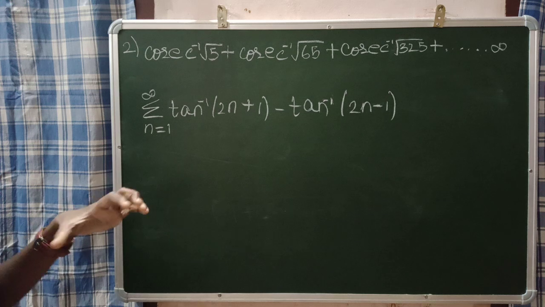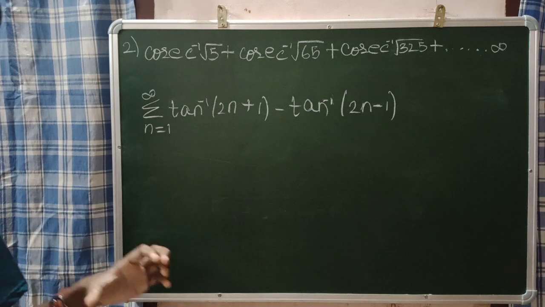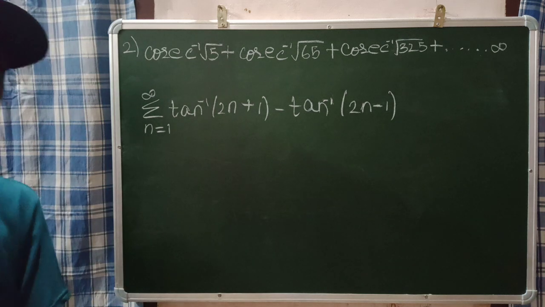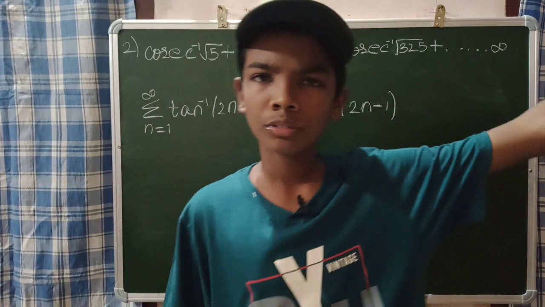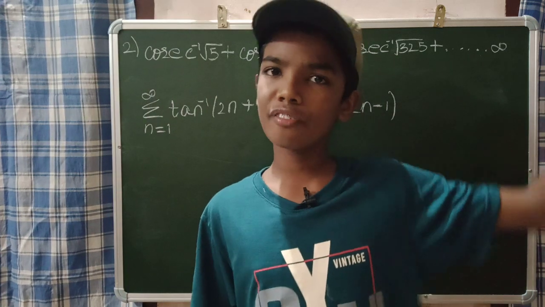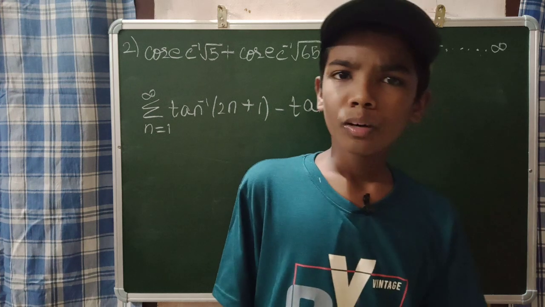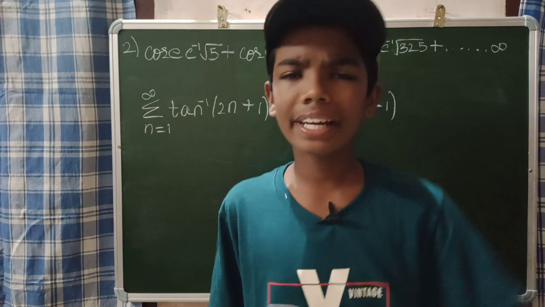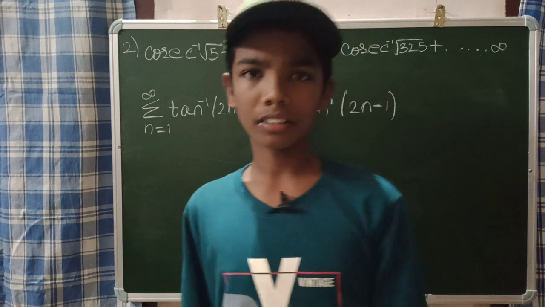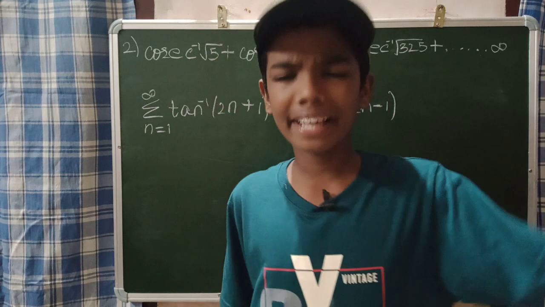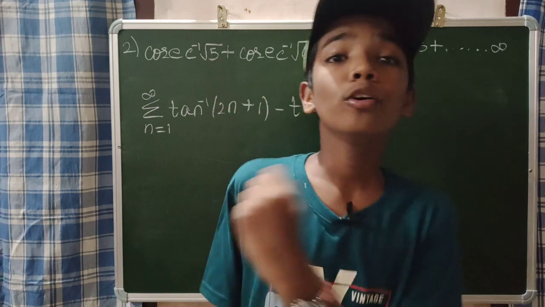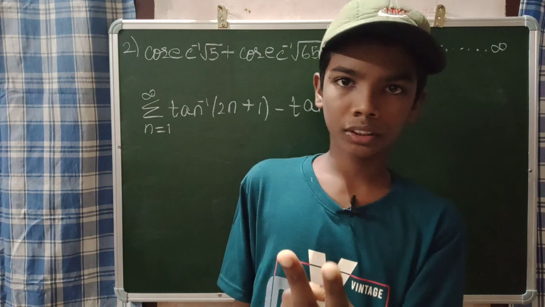So guys, when you put 1 in place of n, 2 in place of n, and expand this, you will be getting many values up to infinity. But most of the values will be getting cancelled with each other, and you will be left with two terms.